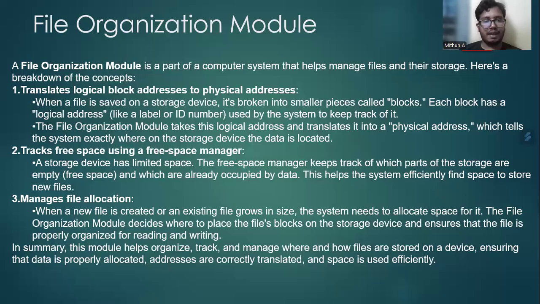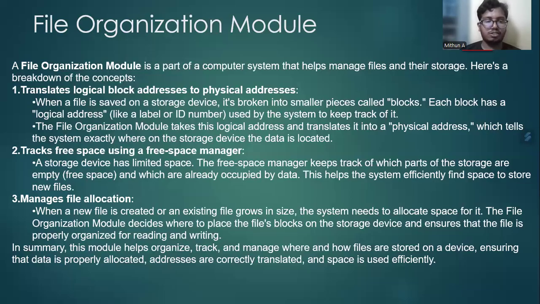Then we have track free space using a free space manager. A storage device has limited space, and the free space manager keeps track of which parts of the storage are empty and which are already occupied by data. This helps the system efficiently find space to store new files. It also manages file allocation. When a new file is created or an existing file grows in size, the system needs to allocate space for it.